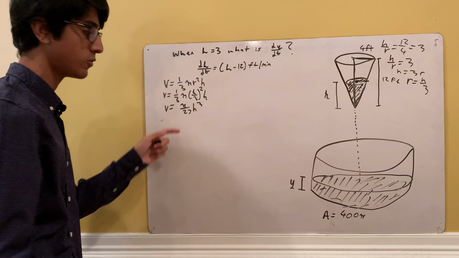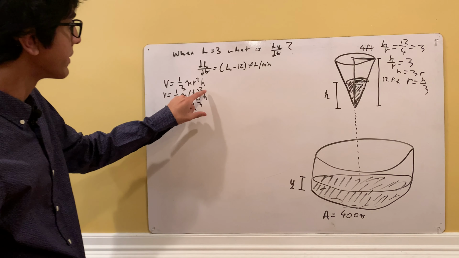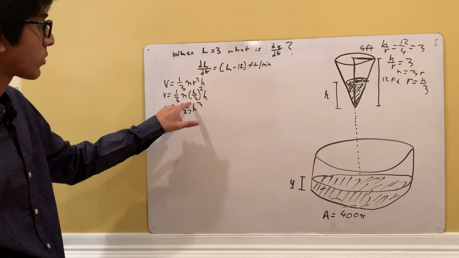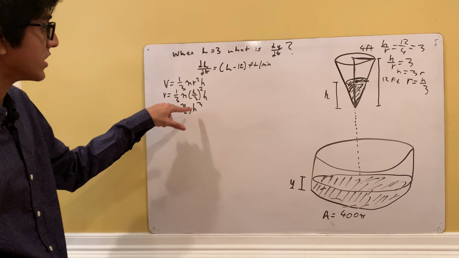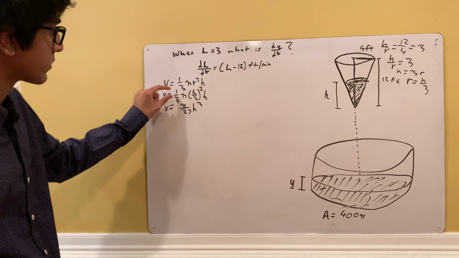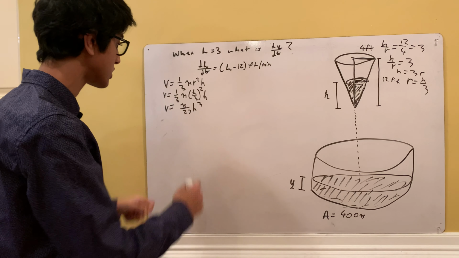I'm just doing arithmetic, and I think it'd be a waste of time to work through that. I'm basically just squaring the h, squaring the 3, multiplying that h squared by the h to make h cubed, and then multiplying by 1 over 3. In the end, it turns into pi over 27 h cubed.